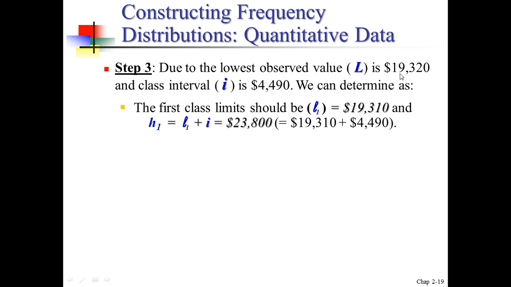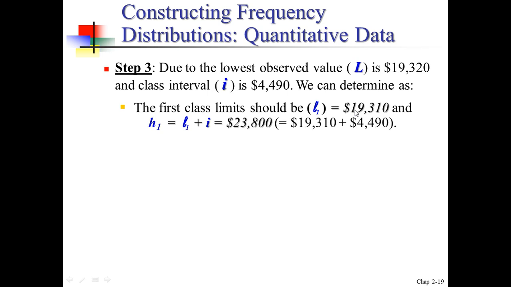You can take L1 equal to capital L, but I prefer you to take L1, the lower limit of the first class, a little bit lower than capital L. You can take L1 equal to 19,320, but I prefer you to take a little bit lower. Again, you don't take it from calculation, you set the value, you give the number.